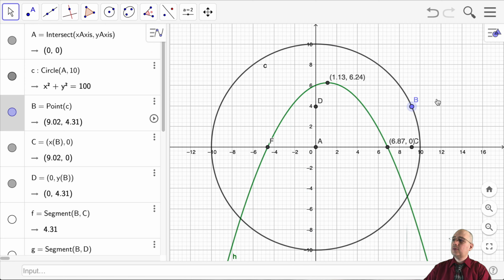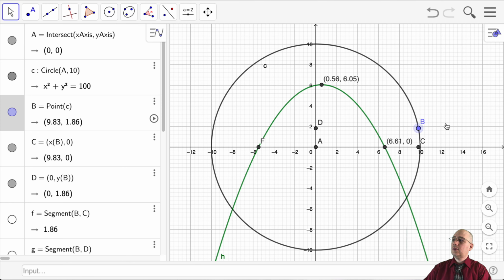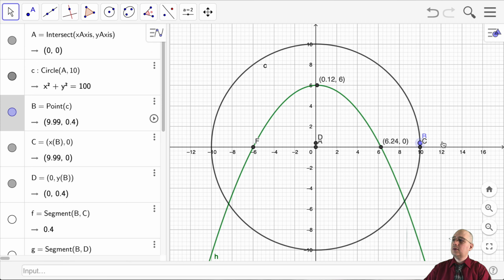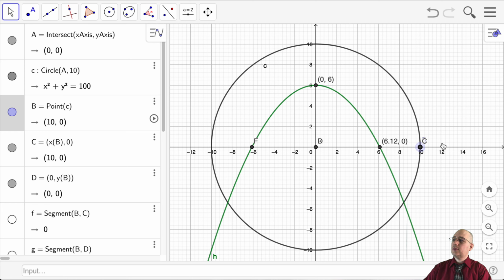And then as we go higher and higher here, look what happened. If it was purely horizontal, it would go about 6.12 from a starting point 6.